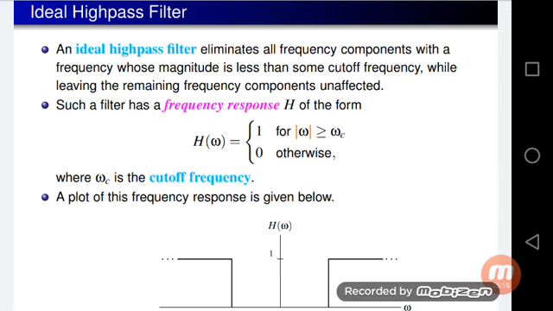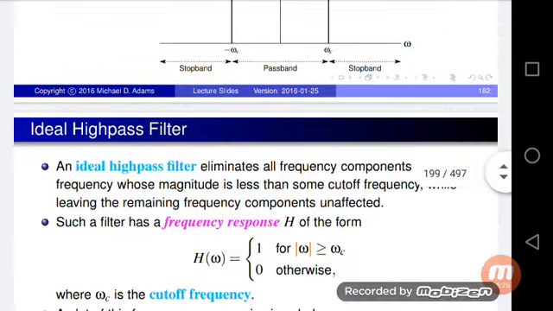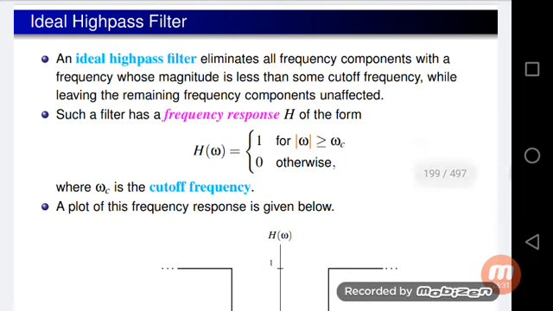In the low pass filter the magnitude is greater than the cutoff, while in this high pass filter the magnitude is less than the cutoff. These types of filters are used for better communication of data signals, and it is the reverse operation of the ideal low pass filter.